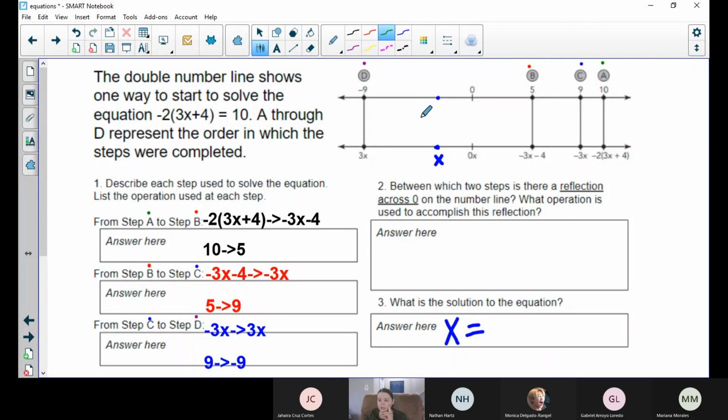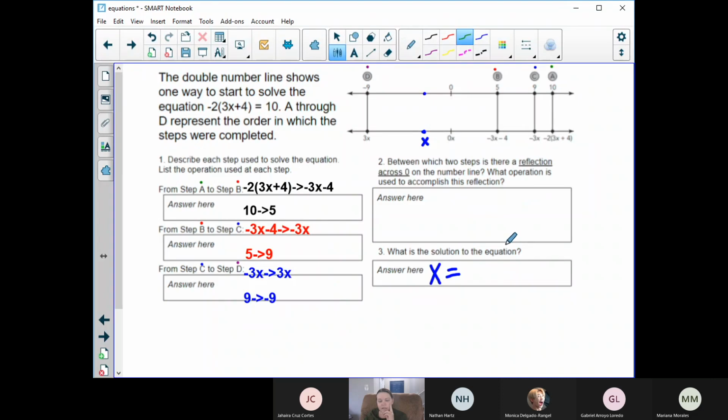They could have done subtraction. What other operation could they have done? Look specifically at the 10 and the 5. That's going to give you a big clue. All right, so here's what I want you to notice.